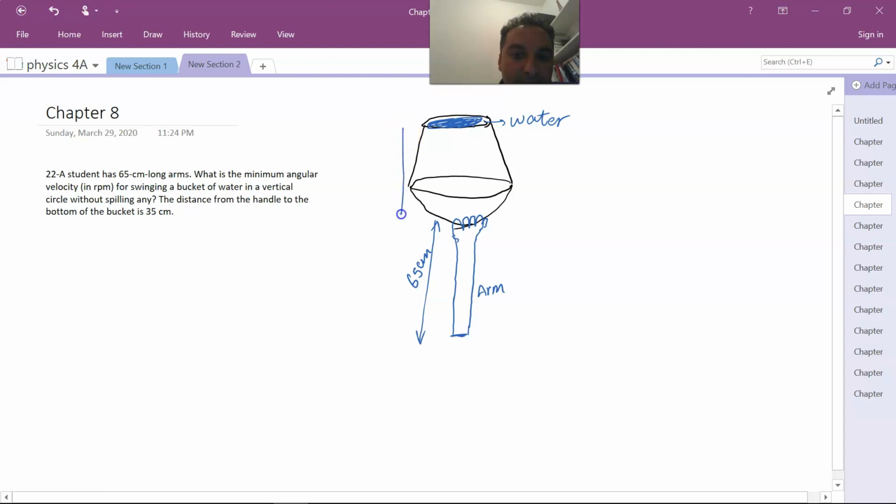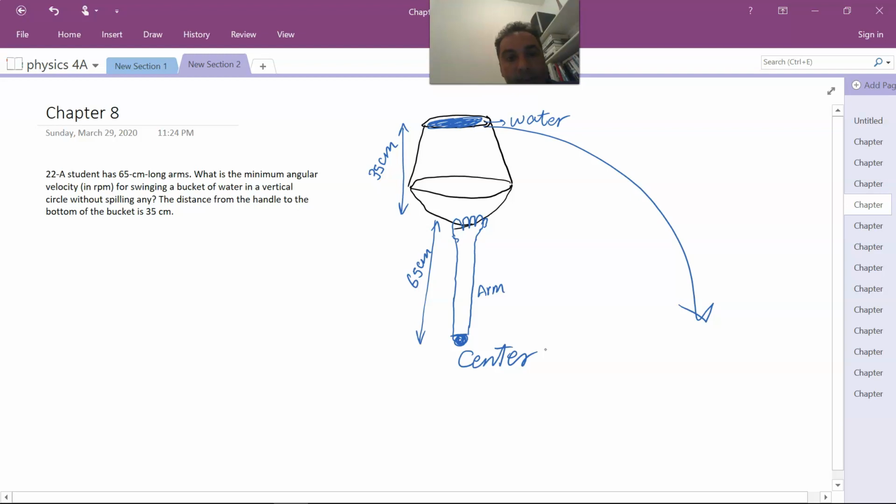And also this distance from his hand to the bottom of the bucket is 35 centimeter. The question is, it rotates, so here is your center of rotation, correct?